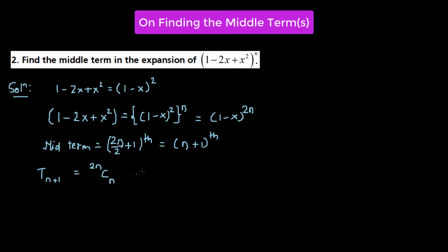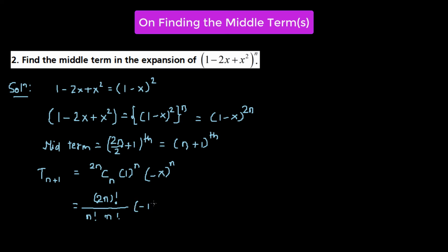The first term is 1 raised to the power of 2n minus n, which is simply n, times (negative x) raised to the power of n. Now we open up 2nCn, so this becomes 2n factorial divided by n factorial times (2n minus n) factorial, which gives us n factorial. 1 raised to the power of n is always 1.